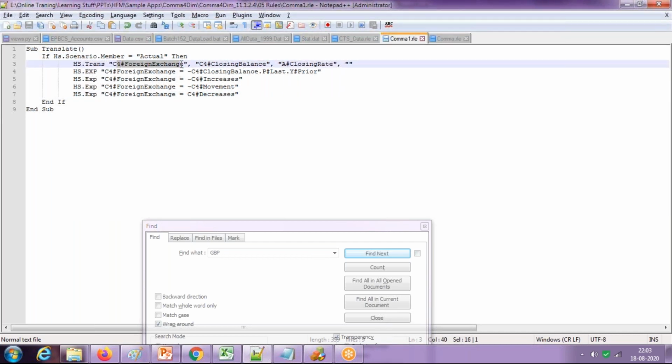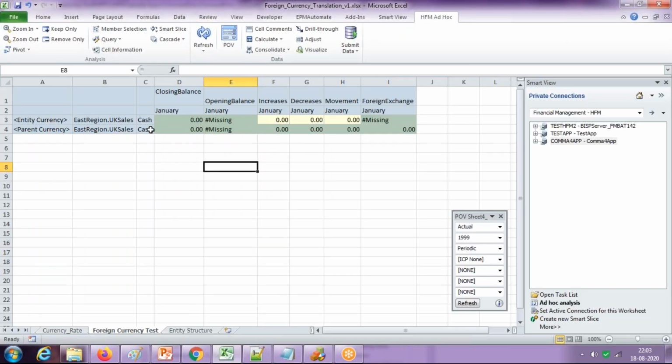First I'm going to convert foreign exchange. This is my account dimension, based on closing rate. Closing balance is the source, multiplied by the closing rate, and the output is stored into exchange rates. Let's see this part first. How do you get a closing rate value?